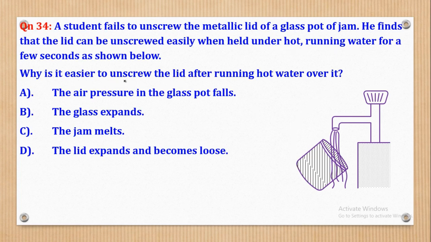Why is it easier to unscrew the lid after running hot water over it? Option A, the air pressure in the glass pot falls. Option B, the glass expands. Option C, the jam melts. And option D, the lid expands and becomes loose.